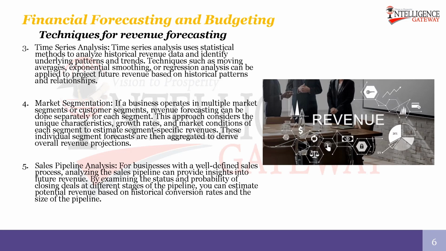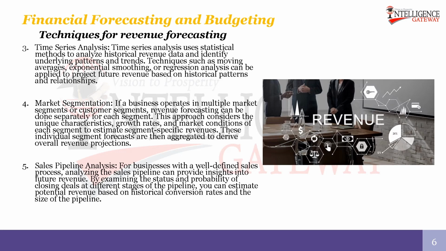Market segmentation. If a business operates in multiple market segments or customer segments, revenue forecasting can be done separately for each segment. This approach considers the unique characteristics, growth rates, and market conditions of each segment to estimate segment-specific revenues. These individual segment forecasts are then aggregated to derive overall revenue projections.